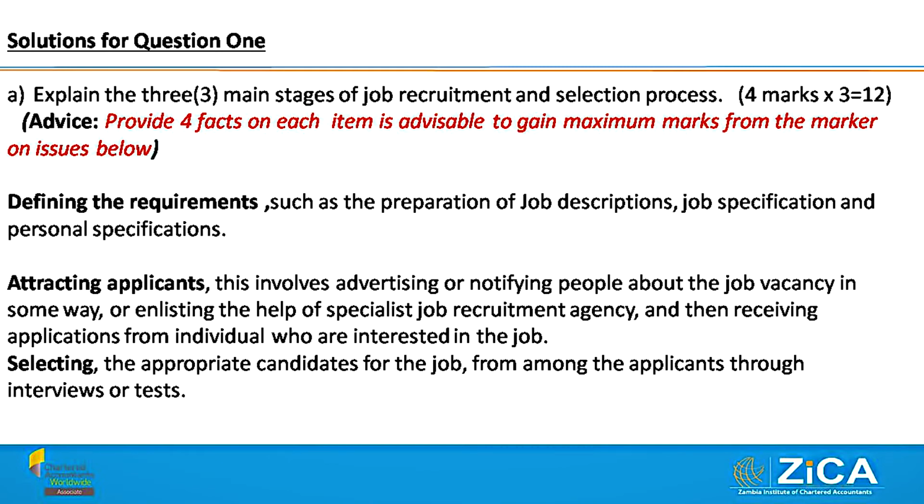This involves advertising and notifying people about the job vacancy in some way, or enlisting the help of a specialist job recruitment agency. The third item needed in that requirement is selecting the appropriate candidate for the job from among the applicants through interviews or tests.